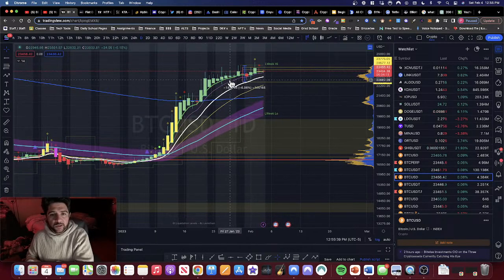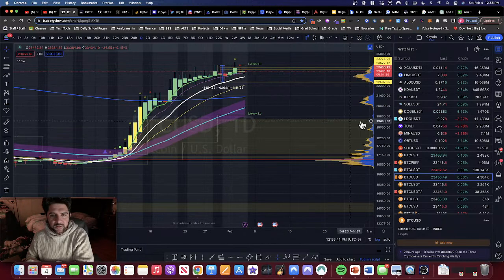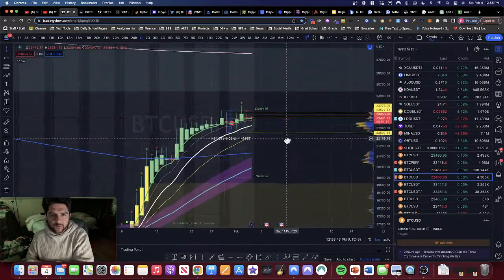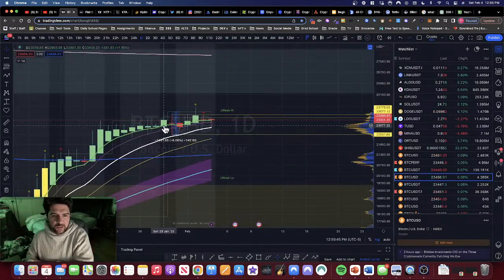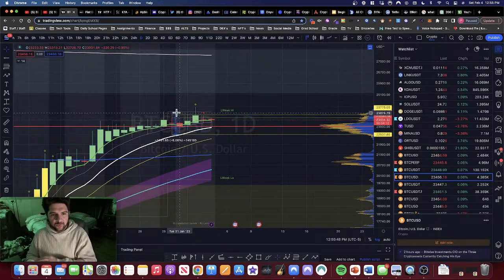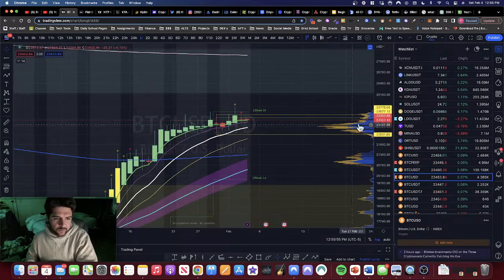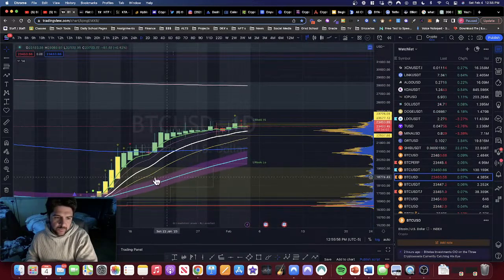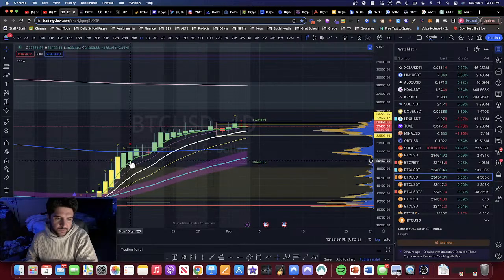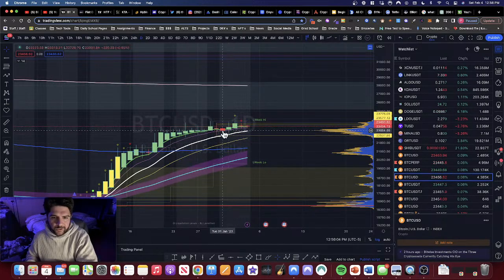But hey, look, the idea here is that we're now experiencing some very wicky behavior on our Heikin Ashis. All right, we were very strong. This is a very strong level right here. It kind of flattened out, and we've just continued higher, but it's losing steam. You can see how these flip.